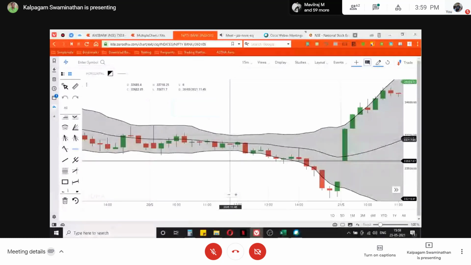Whenever the Bollinger Band is not expanding, that is the time you want to buy the option, because both of them will be at the cheapest possible price. And once it starts expanding, you're not going to get a cheaper rate for your PE or whatever. So this is the price at which you will ideally buy, around this place.